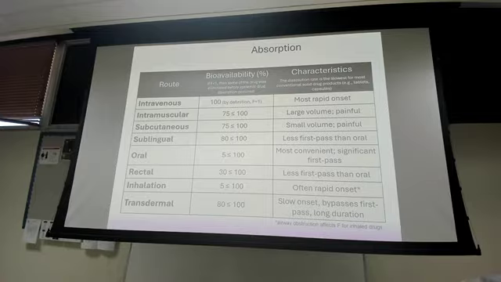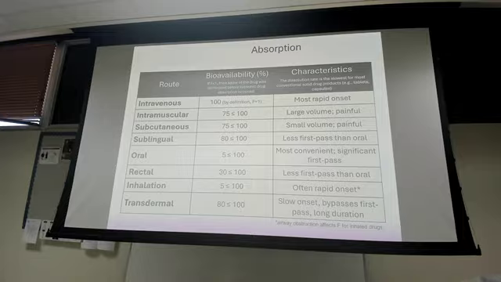I do not need you to remember these numbers, these values, okay? What I want you to think about is the principle. When you're looking at your route, and just think about it, you look at our IV, we talked about bioavailability, and I told you that even though it may not actually be 100, it's super close to 100, and we always say that F is gonna be 1 or 100% for our IV meds.